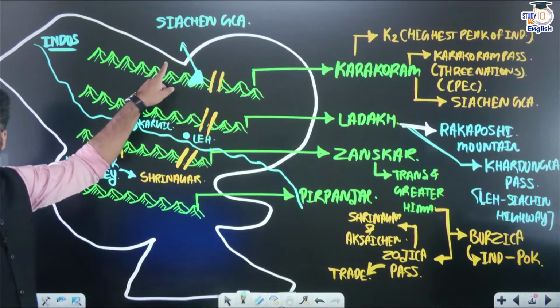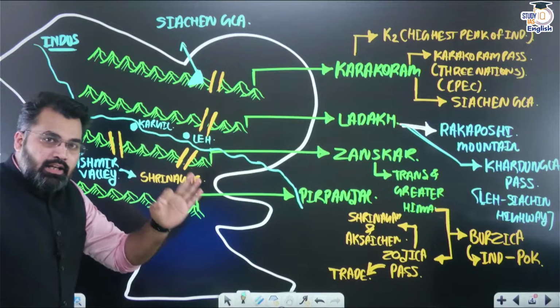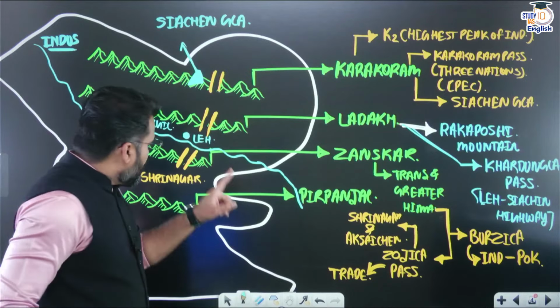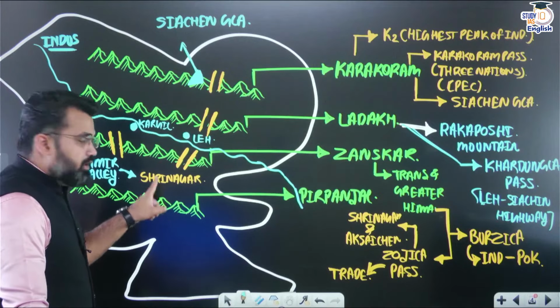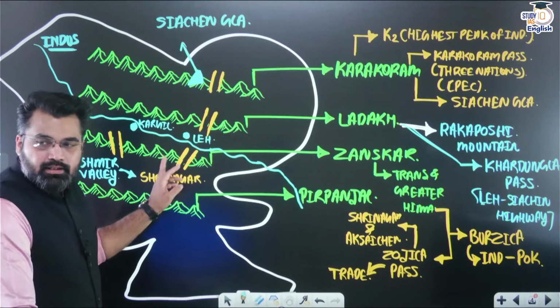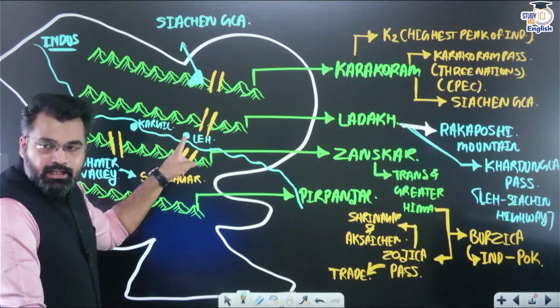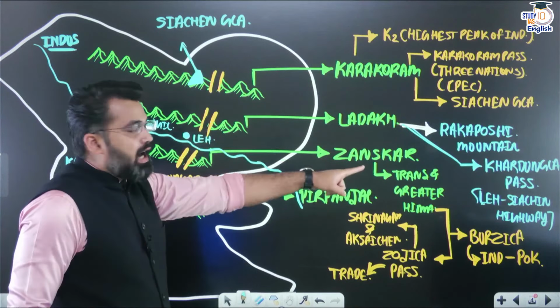So if you want to enter the Siachen part, what is the exact path of our armed forces? First, they move from Srinagar. From Srinagar, they take a pass called Zojila Pass. Then they enter Leh. From Leh, they use the Khardungla Pass by using a national highway called the Leh Siachen Highway, and after that they enter the Siachen portion.